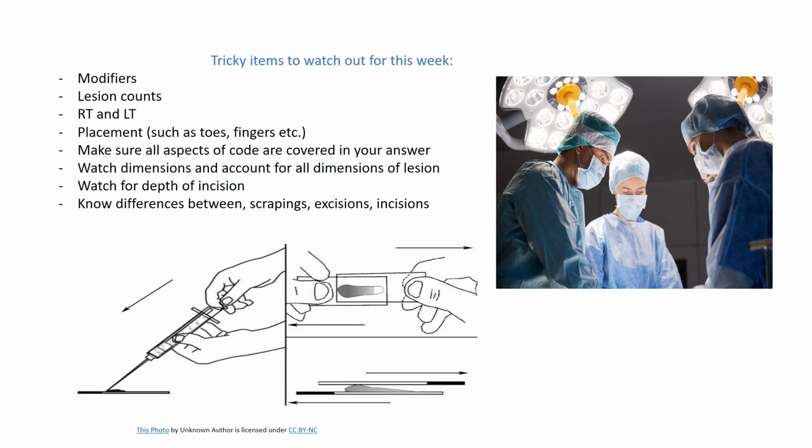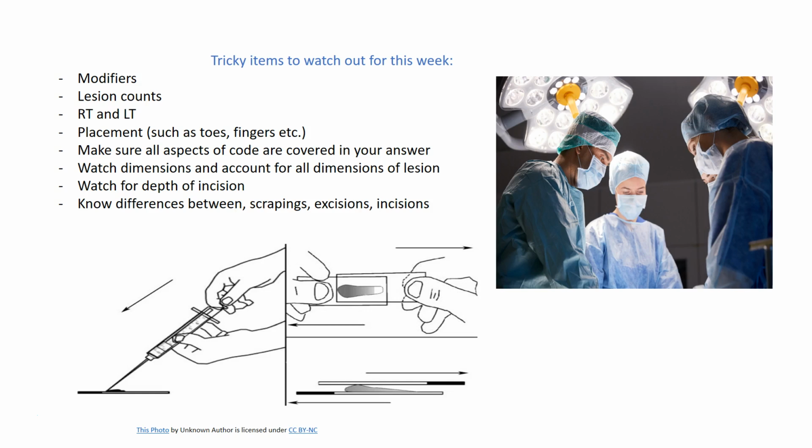Make sure that the code that you've picked covers all aspects of the code. So for instance, if you have a fine needle aspiration of a lesion on the third toe of the left foot, make sure that every part of the code that you've assigned, you can account for that.